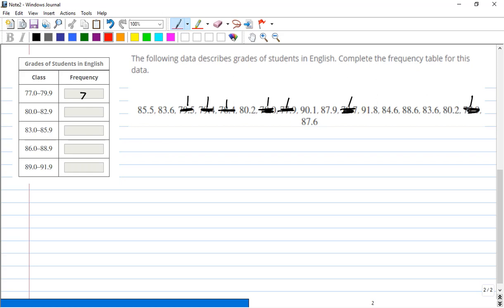All right. And then 80.0 to 82.9. Looks like I have 2 of those. And then 83.0 to 85.9.